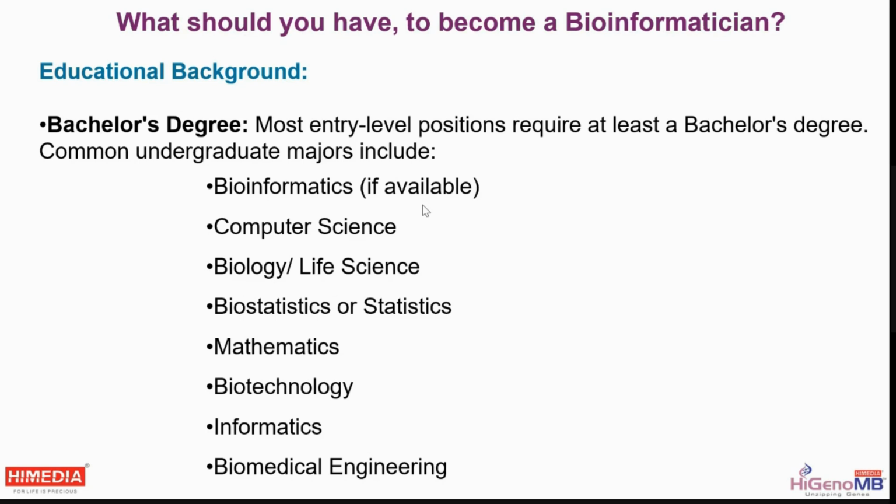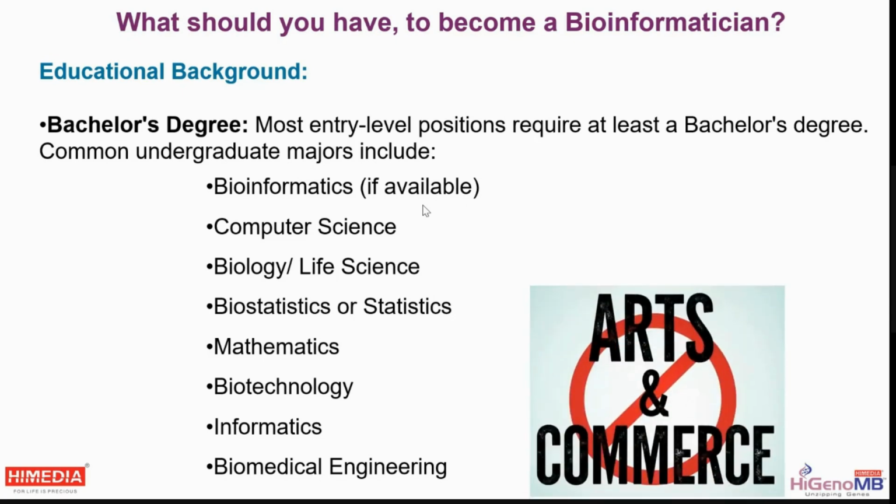Also, if you have a bachelor's degree in computer science, biological sciences, biostatistics or statistics, mathematics, biotechnology, informatics, or medical engineering, any one of these, you can become a bioinformatician. But not if you belong to an arts or commerce background. If you belong to these two backgrounds, you have to go for a science background first, and then from there you can jump to become a bioinformatician, but not directly from arts and commerce background.